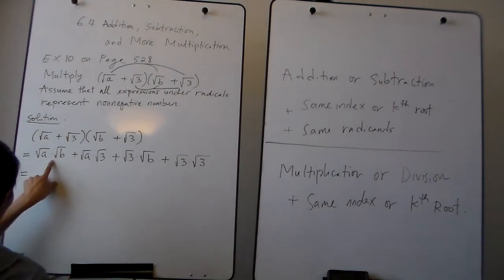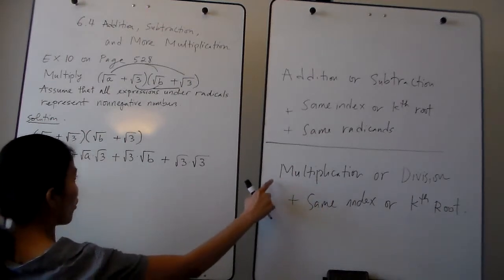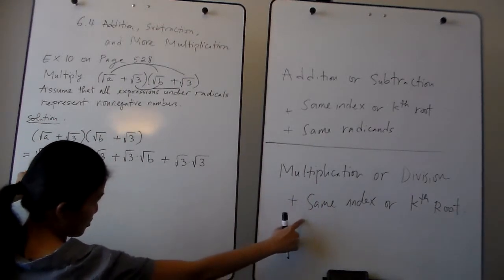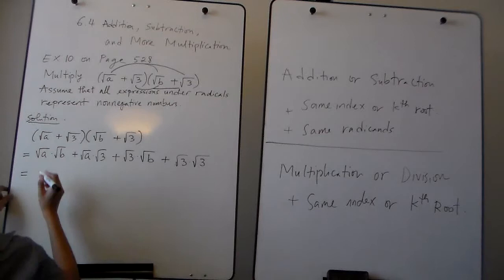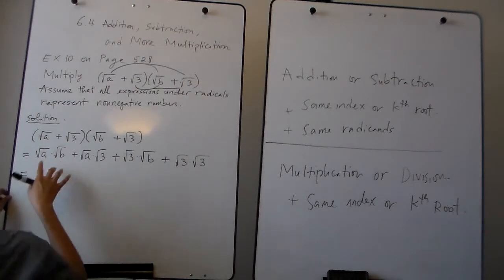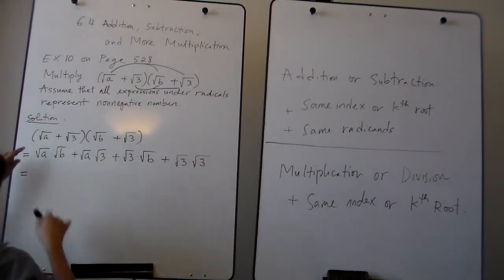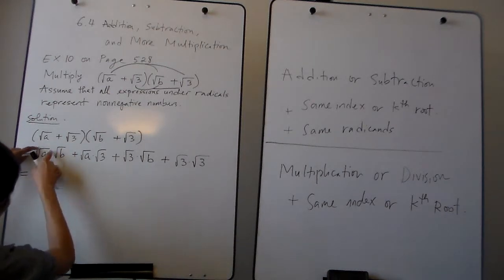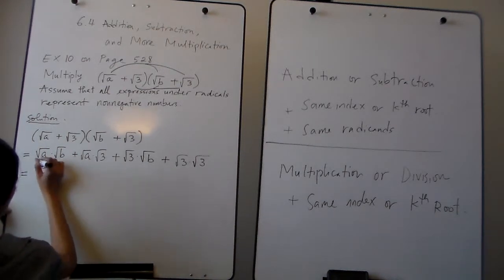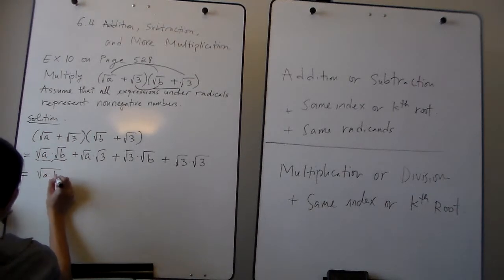So, for multiplication, we only need to check if the two radicals have the same index, the root. And it turns out these two terms do have the same index because both have square root, and the index is 2, so you can combine them as a times b.